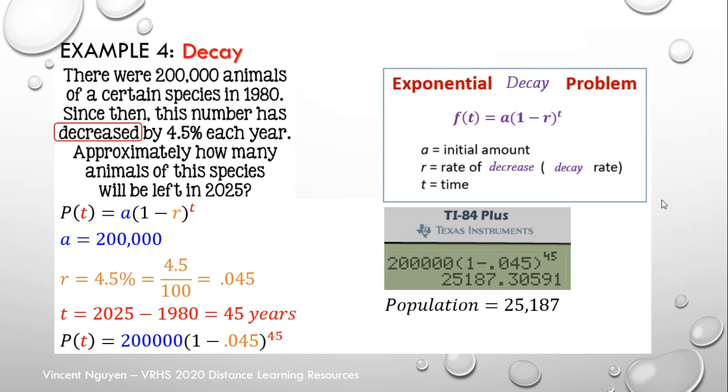So why do we do these kind of things? Well, we use these formulas to estimate so that we have an idea, we predict, so we have an idea of where we'd be standing, and then what can we do in the meantime. So in the span of 45 years, what can we do to either slow down the decrease, change the rate, or make sure that these animals do not disappear that fast?